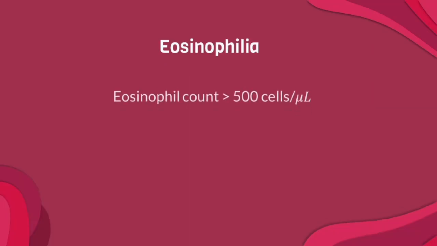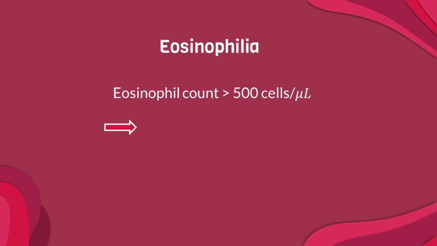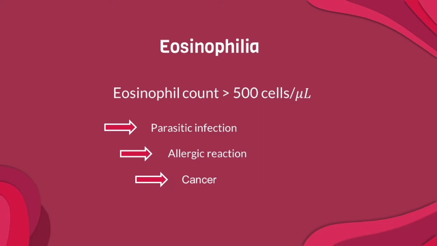Eosinophilia is a condition where the eosinophil count is more than 500 cells per microliter. This condition more often indicates a parasitic infection, an allergic reaction, or cancer.